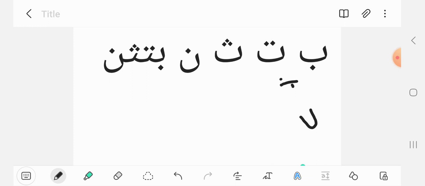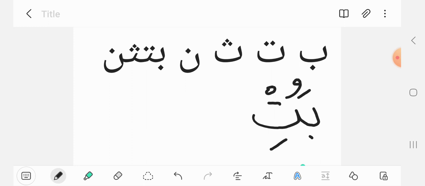So if I want to write the be and the te together, it's going to be like be, te. Bet or bit. That pronunciation is a totally different subject that we're going to talk about later, because we have the vowels in Arabic, which all appear as different shapes.